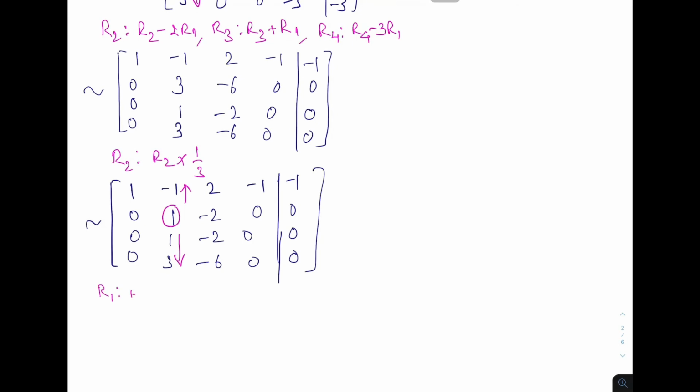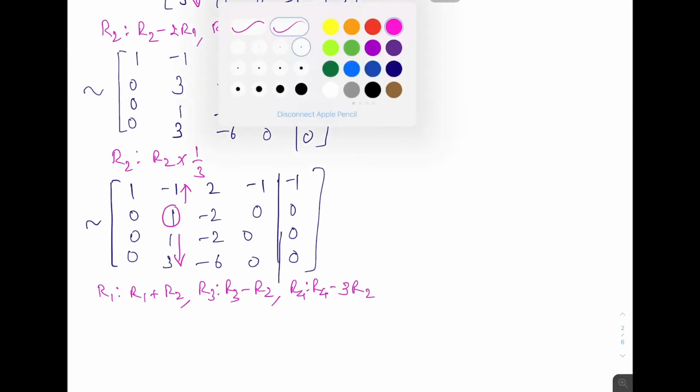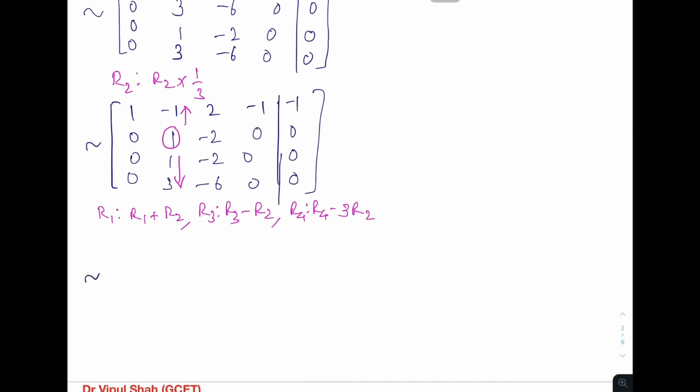So R1 plus R2, R3 minus R2, R4 minus 3R2, and so we can have now, so R1 plus R2, so R2 and R1 just add. Okay, so this is 1, this is 0, this is 0, this is -1, and this is -1.